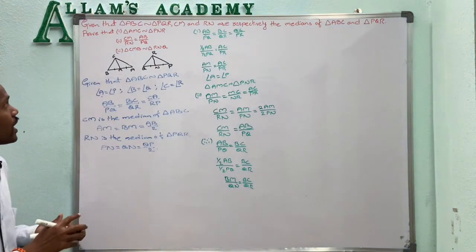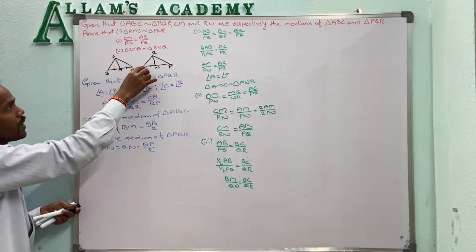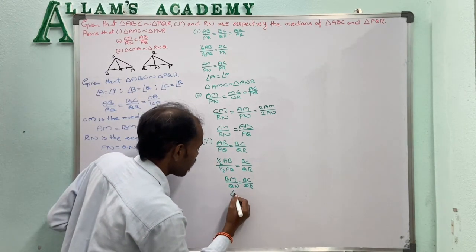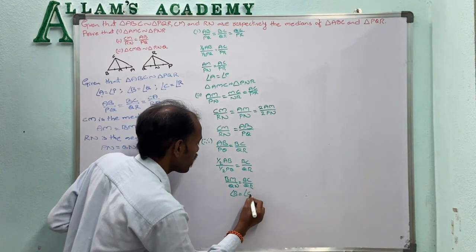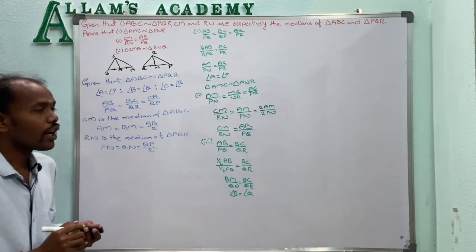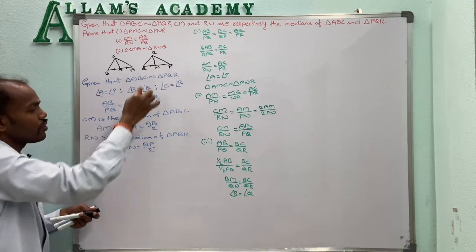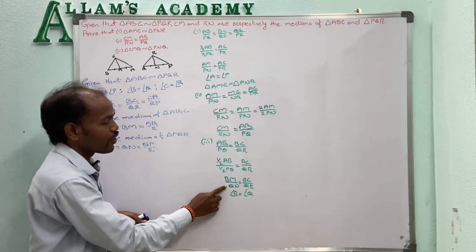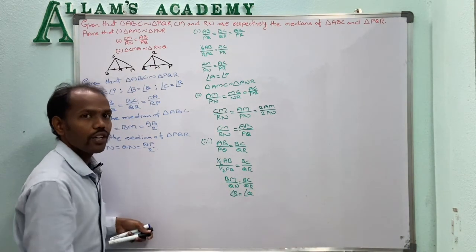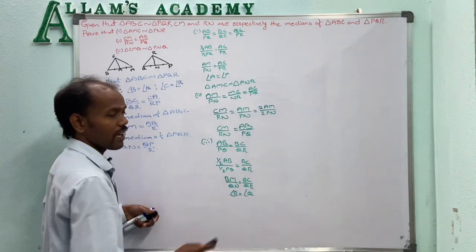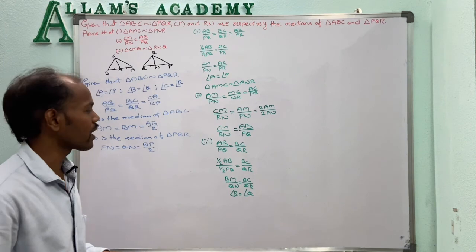And here we know that angle B equals angle Q, corresponding angles. Now in triangles CBM and RQN, BM by QN and BC by QR sides' ratio is equal, and corresponding angles, angle B and angle Q, are equal.